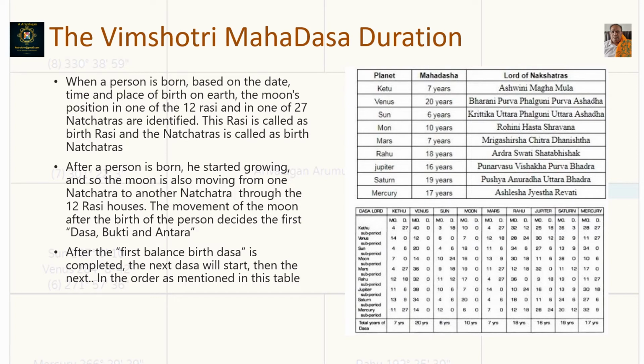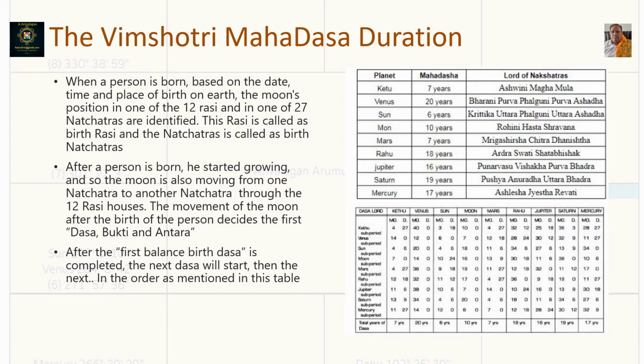Here, each planet is given a particular duration. For example, Ketu Dasha is 7 years, Venus 20 years, Sun 6 years, Moon 10 years, Mars 7 years, Rahu 18 years, Jupiter 16 years, Saturn 19 years, Mercury 17 years.